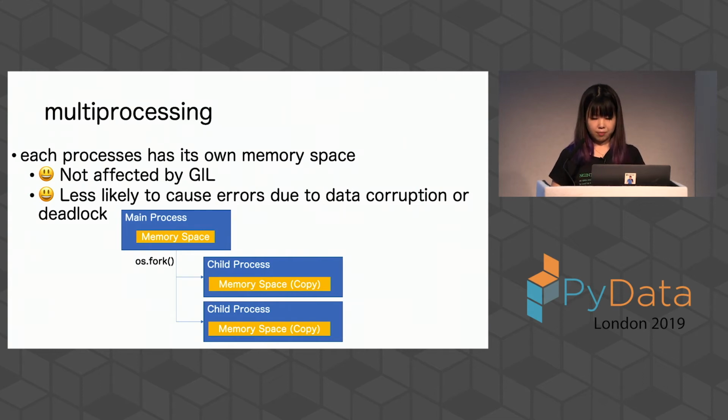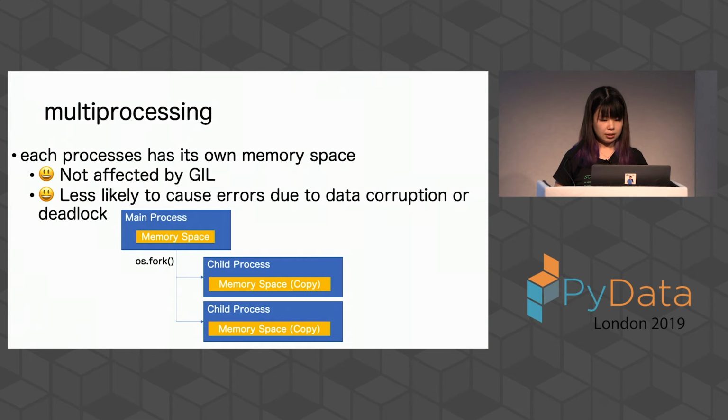It's different from threading, which shares memory among multiple threads. So it's not affected by the GIL, and is less likely to cause errors due to race conditions, data corruption, or deadlock.